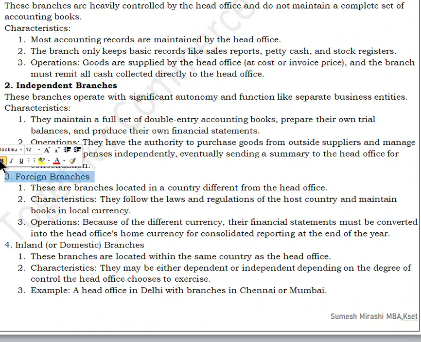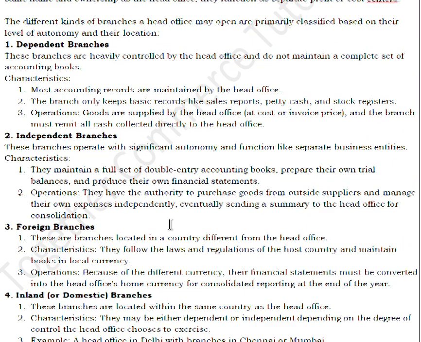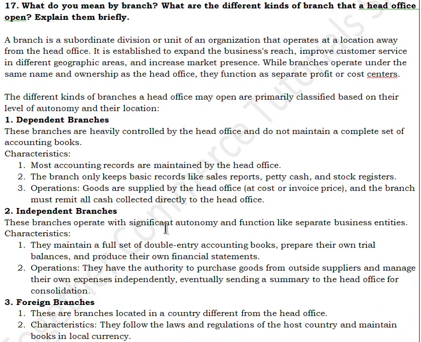Then foreign branches: branches of the head office which are located in different countries are called foreign branches. Then inland branches or domestic branches: branches which are in the same country are called domestic branches. I won't be explaining this much. You can easily go through it and understand.